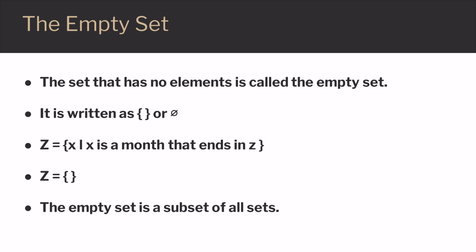For instance, we can sometimes put conditions on a set that would make the set empty. Take the set Z, which consists of all months that end with the letter Z. This ends up being the empty set. The empty set is also important because the empty set is a subset of all sets.